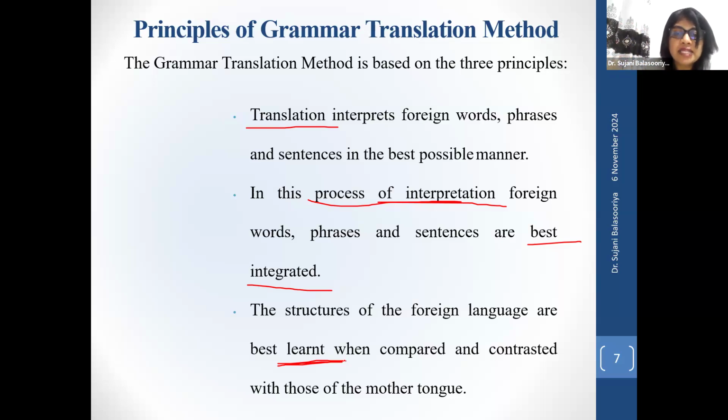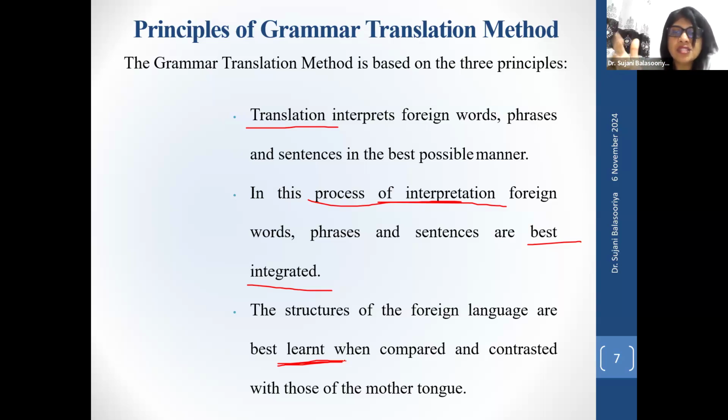Foreign words, phrases, and sentences are very well combined in the process of interpretation. Third principle, the learners are learning the target language at their best when comparisons and contrast are happening between the target language and the mother tongue.